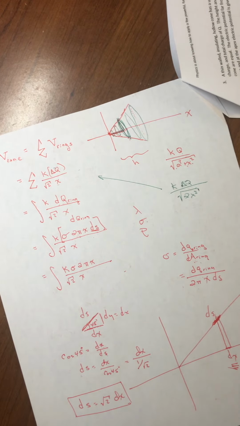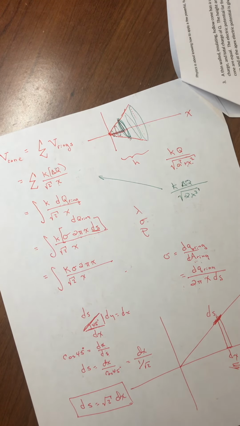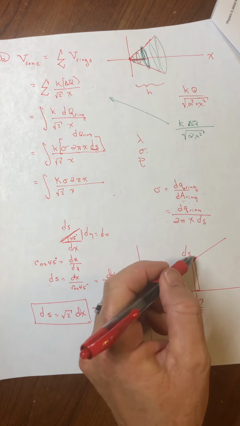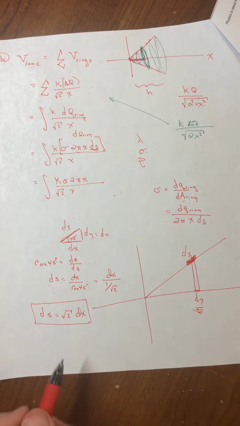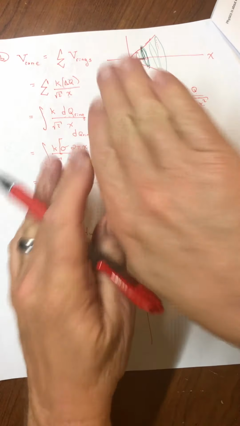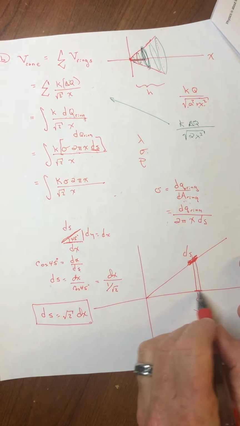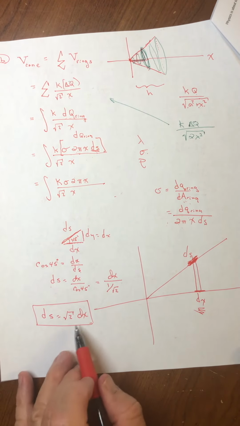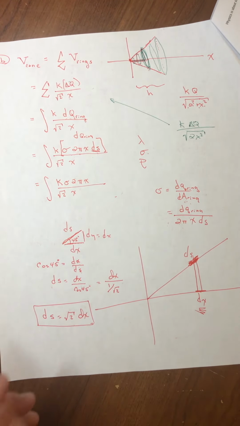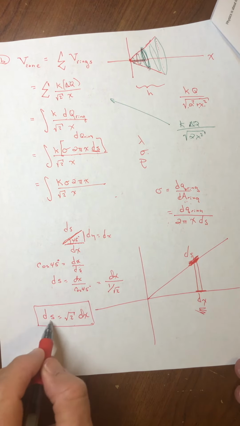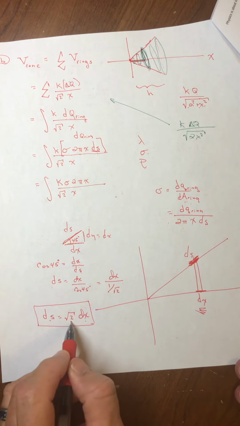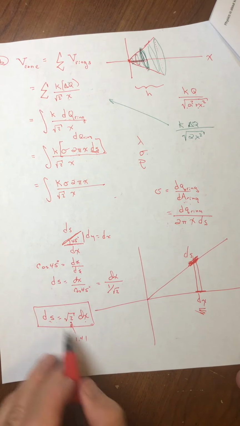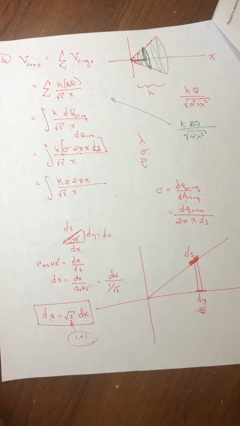And that could be an easy step that's overlooked. That this surface area of the ring, because it's on a slant, is different than the length along the x-axis by the square root of 2. So ds is bigger than dx by this 41%. Remember, the square root of 2 is 1.41. So ds is bigger than dx by 41%.